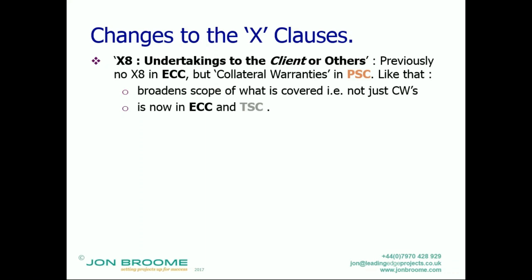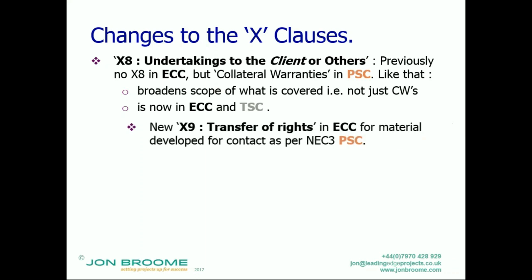So I like the fact that it's undertakings to the client and others, because collateral warranties are a subset of that. So this can be other undertakings, other warranties, which are offered, not just collateral warranties. And I like that it's in the engineering construction contract and term services contract, and therefore you're either not nicking clauses from the professional services contract and tweaking them, or lawyers aren't writing a bespoke form. So that's a good one.